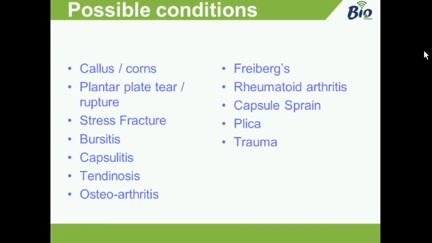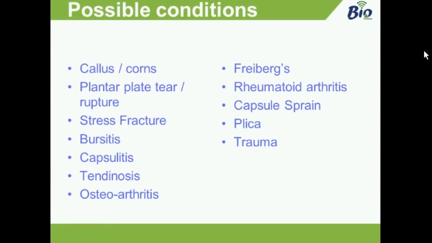So possible conditions we can see when we're talking about metatarsalgia. Let's have a look. We've got corns and callus up there, probably the most common things we'll see. Plantar plate tear or plantar plate rupture, stress fractures, bursitis, capsulitis, tendinosis, so with some of the smaller muscle attachments there. Osteoarthritis of the actual joint itself, Freiberg's, not particularly common, but I guess if you've got a teenage girl coming in and she's presenting with something which is looking more like a stress fracture, then Freiberg's would be something you want to rule out.